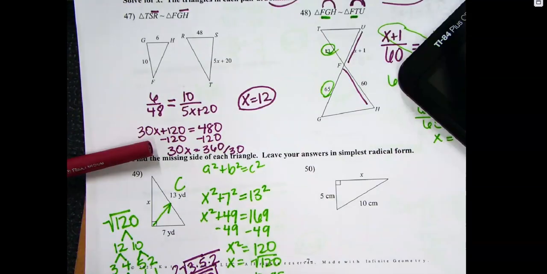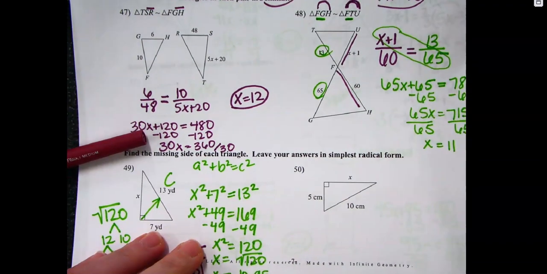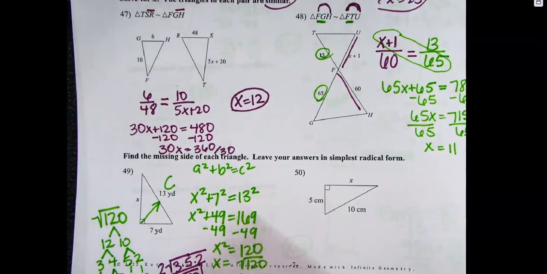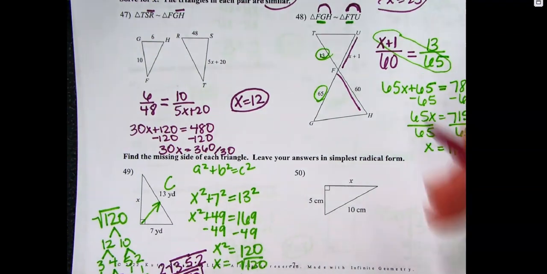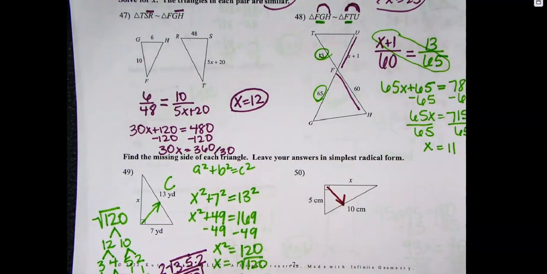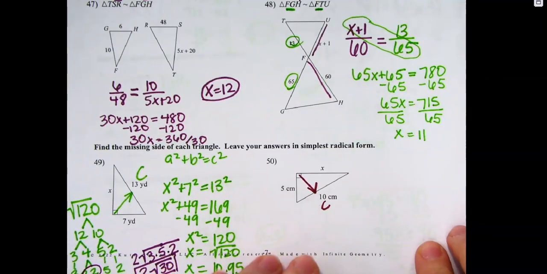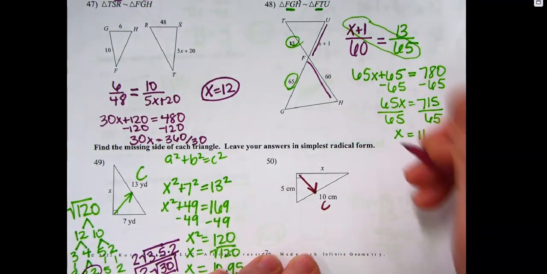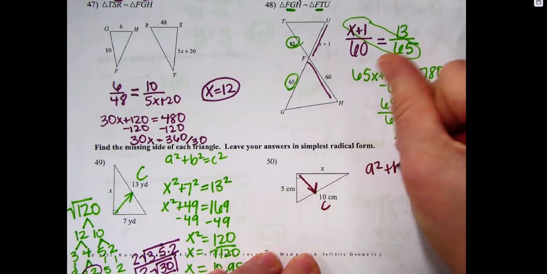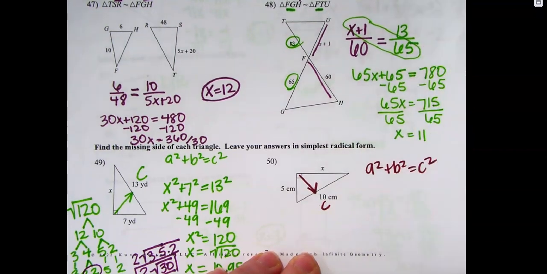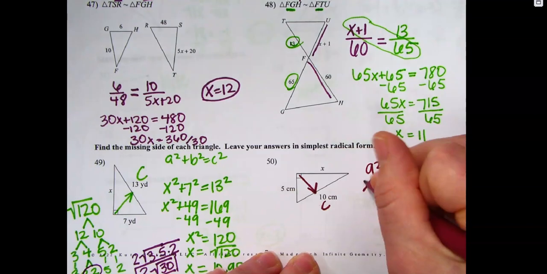Okay, last one, number 50. On this one, you're still doing the Pythagorean theorem, but it is going to have 10 as your C. Remember, that's the one that is the most important. And then you just plug in from there. So a squared plus b squared equals c squared. A could be x, or A could be 5.